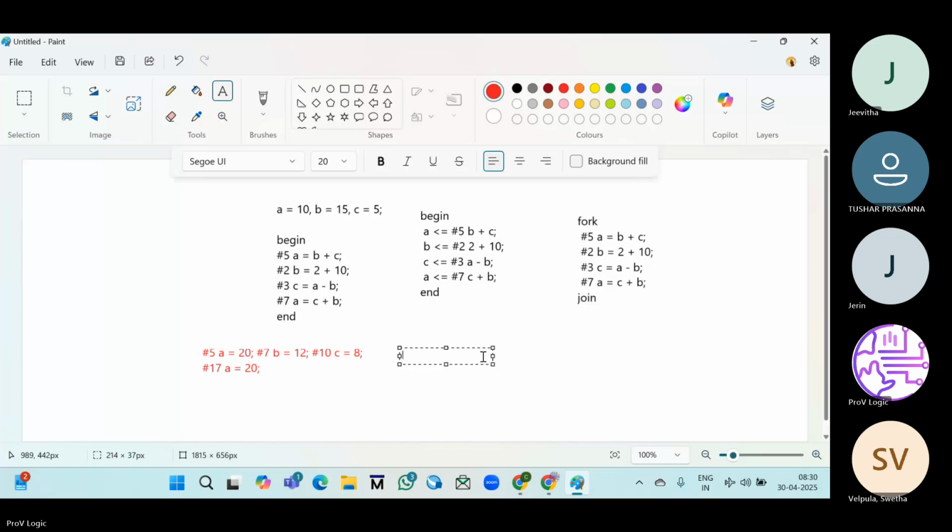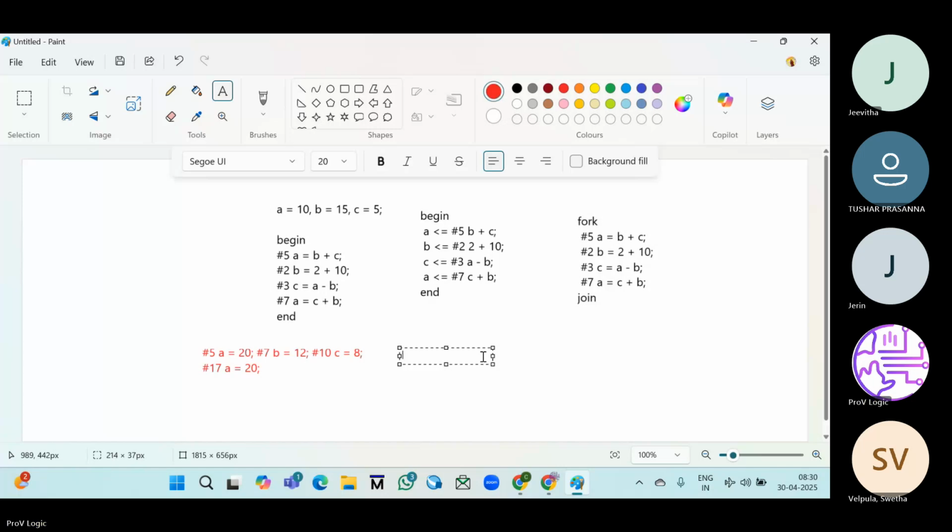First, will the statements execute sequentially or parallelly? It will execute parallelly. Okay, but we have used begin and end block, right? Then how will it execute parallelly?